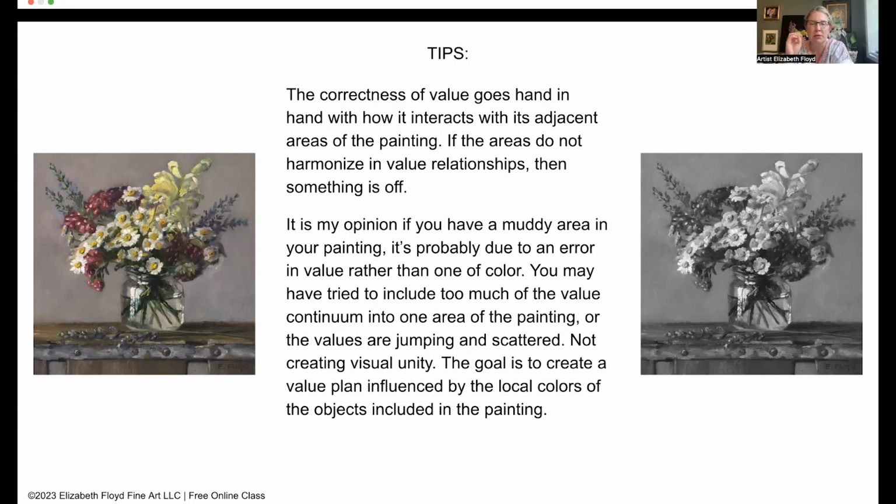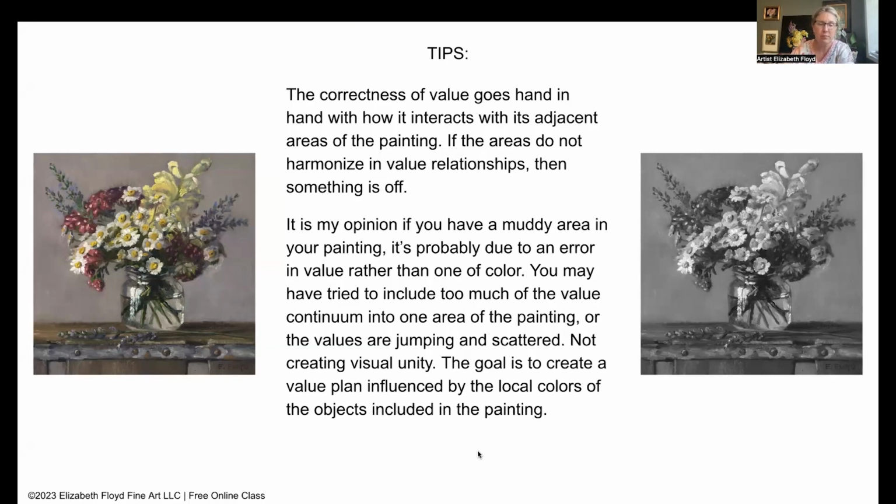We think it's the color, but the color probably either needs to be darkened or lightened in value to help, because our eyes have 4 times the receptors to see value than color. So we always have to make sure that our value is more spot on than our color accuracy, which, as a colorist, I find very sad, but it is true.